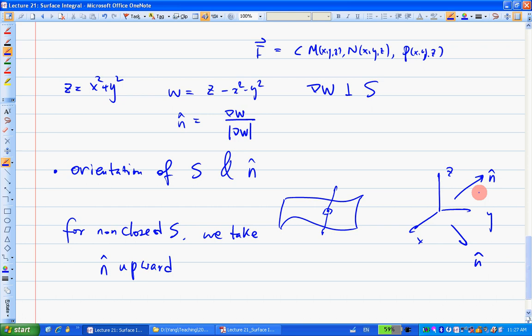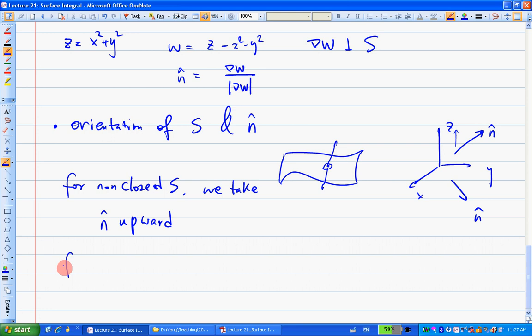This one here, because if you decompose it, it has a positive z direction component. Does that make sense? So this is what we call upward.